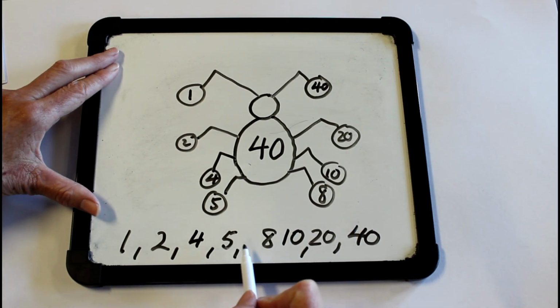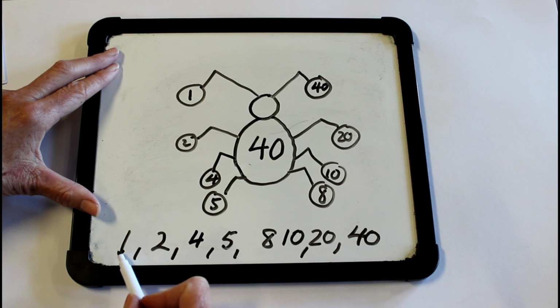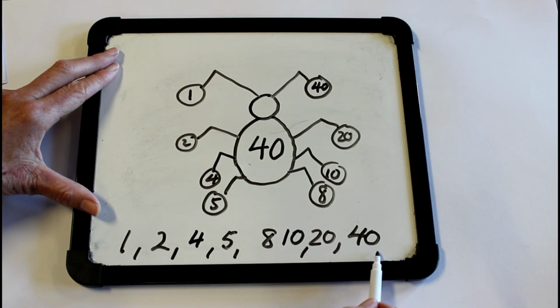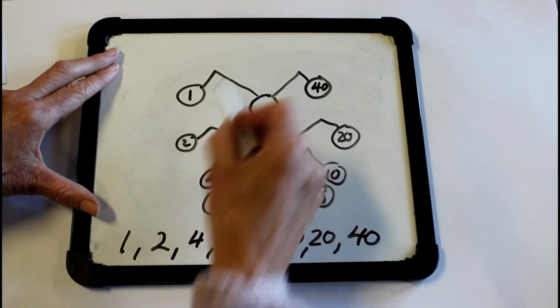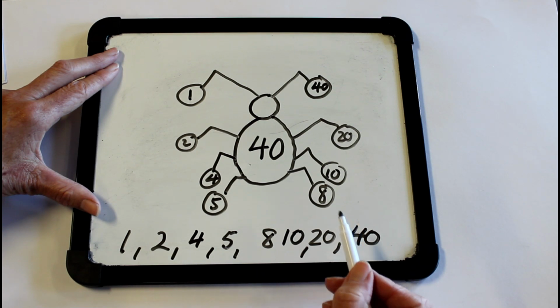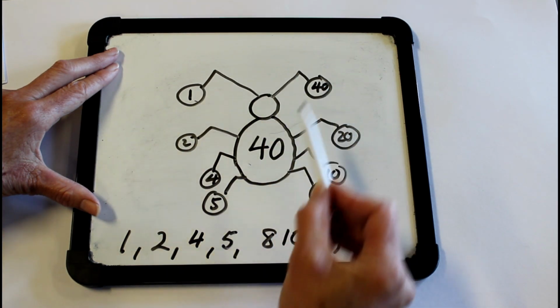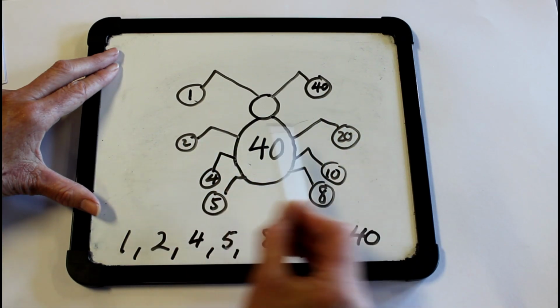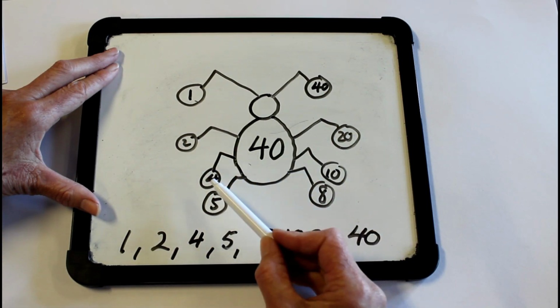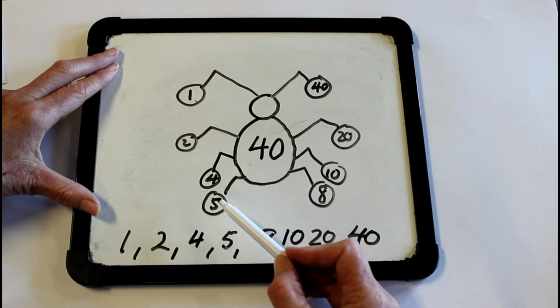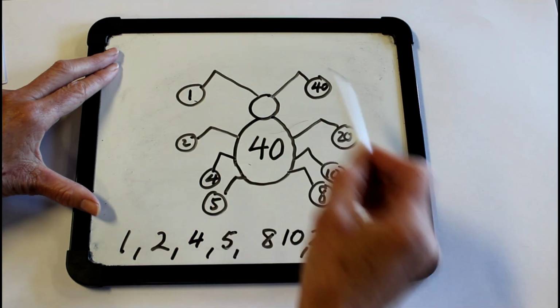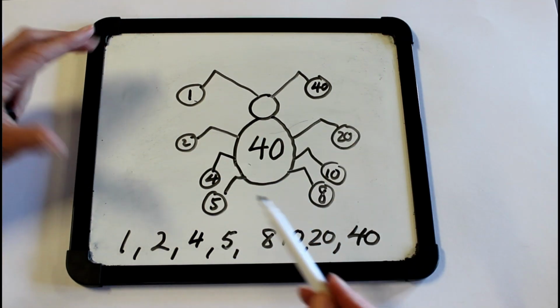I know that 6 and 7 do not go into 40. So I have my factors here sitting on my bug now. Inside the antennae I've got 1 and itself, 40. I know that 2 20s are 40, 4 10s are 40, and 5 8s are 40. This is a completed factor bug for 40.